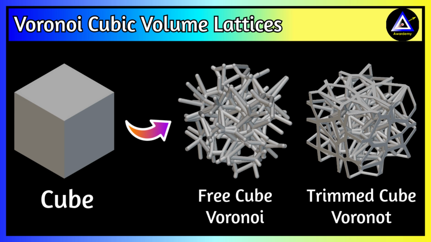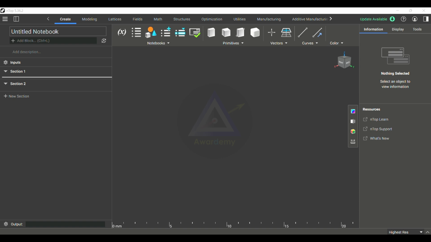So let's start designing. I will explain you one by one. First we can give the name of the file as stochastic volume lattice.